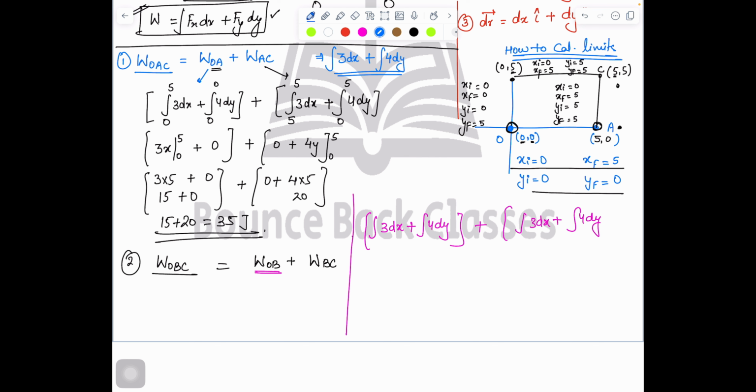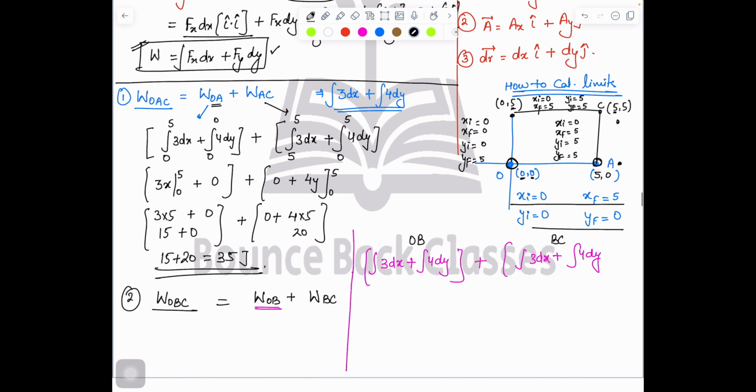Change the limits. This is for OB and this is for BC. O to B, for x we start from 0 to 0. In terms of y, I start from 0 to 5. Clear? Okay, B to C. Here the x limits are 0 and 5, and y is 5 to 5.